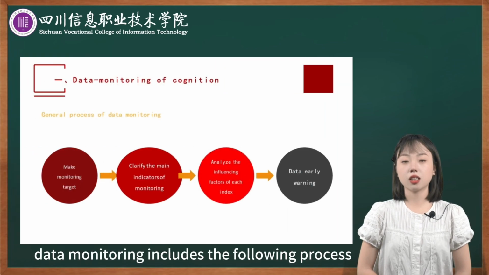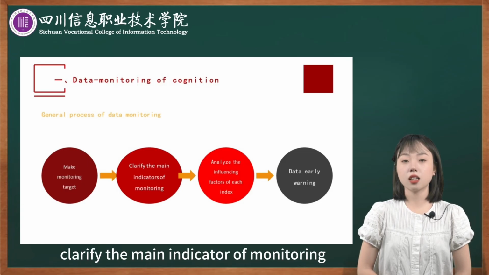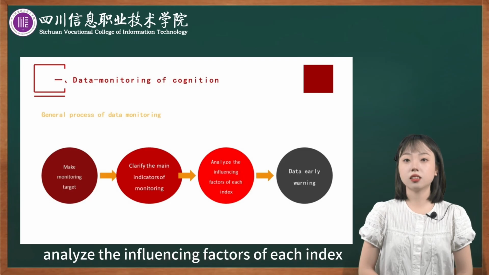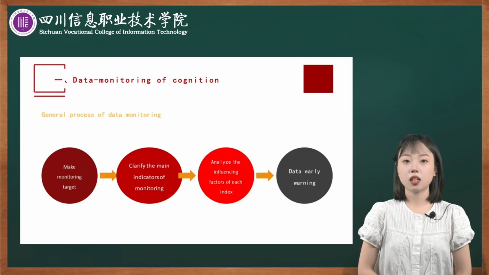Data monitoring includes the following process: make monitoring target, clarify the main indicators of monitoring, analyze the influencing factors of each index, data early warning.